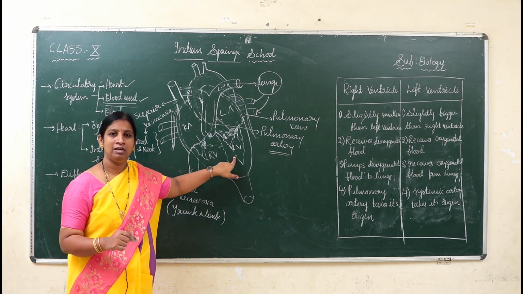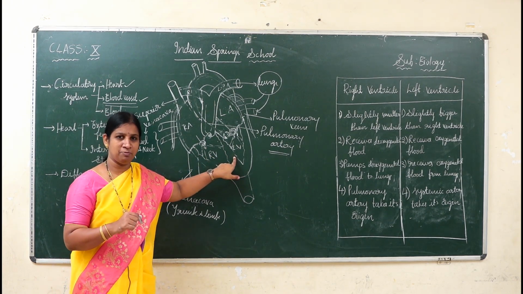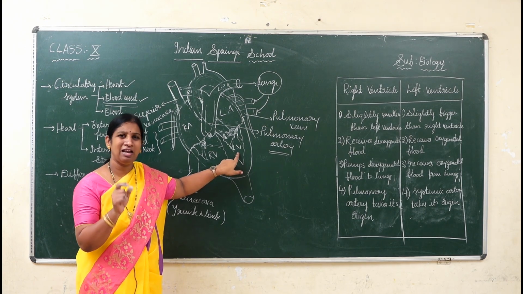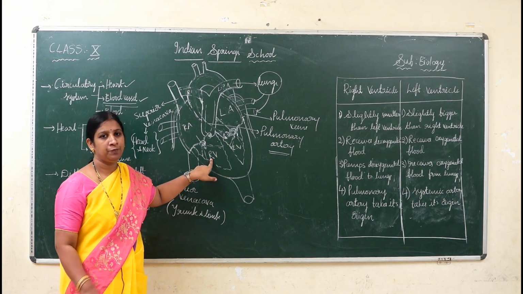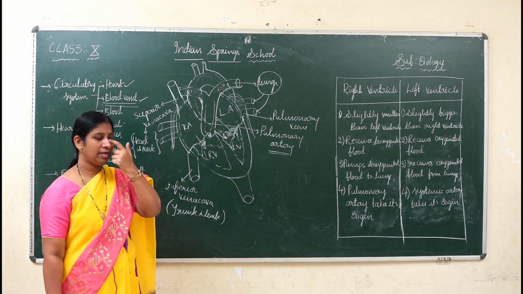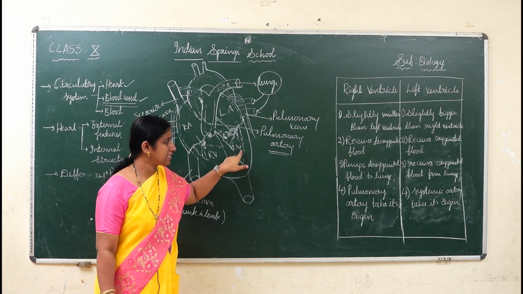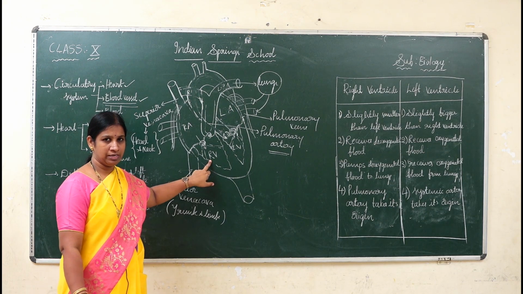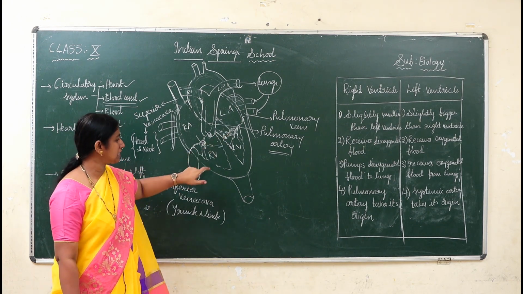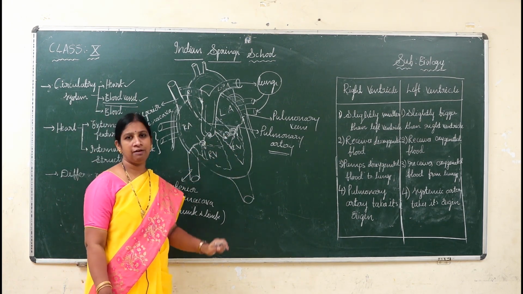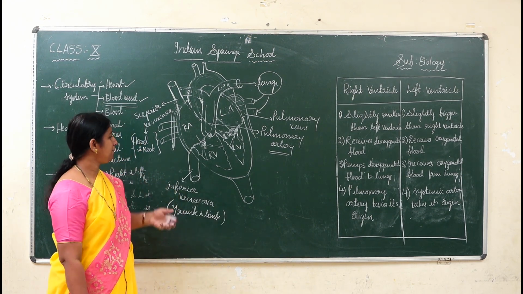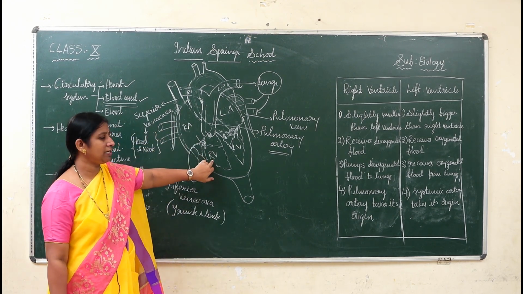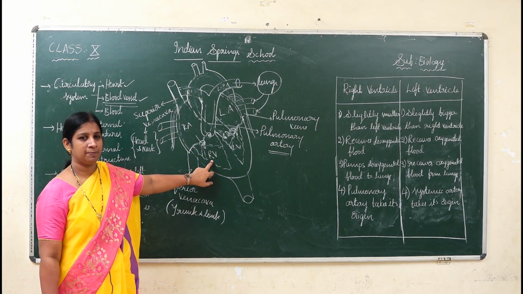Left ventricle supplies blood to all parts of the body, so it is slightly larger compared to the right ventricle. That is the first point: left ventricle is slightly larger than the right ventricle, whereas right ventricle is slightly smaller than the left ventricle. Now the second point: which blood does it receive, children?